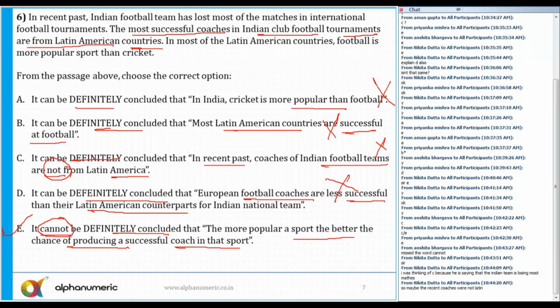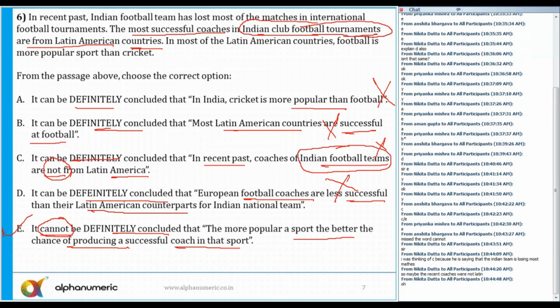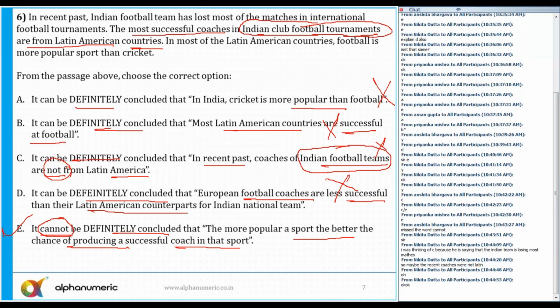Please understand that he's talking about the Indian club football tournaments. From the information that you have about Indian club football tournaments, you can say nothing about the Indian football team. Indian football team means the national team. Absolutely. So question 1 to 6, everything is clear.